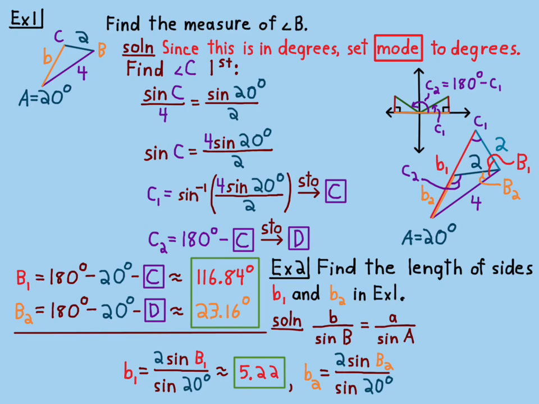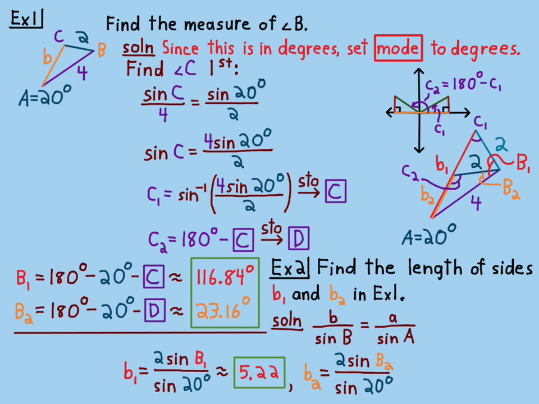Right, in case you were wondering where this 2 comes from, the 2 here is actually, that's the B. I forgot to mention that. Or wait, no, it's the A. The length of the side opposite angle A is 2 for both of these triangles. So that's 2 there always.